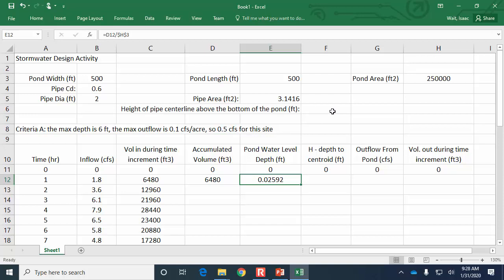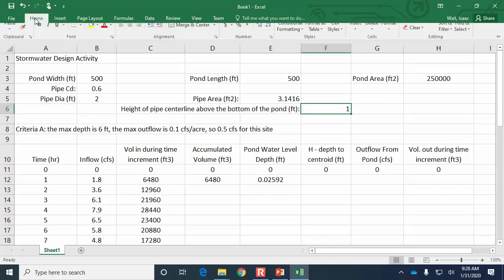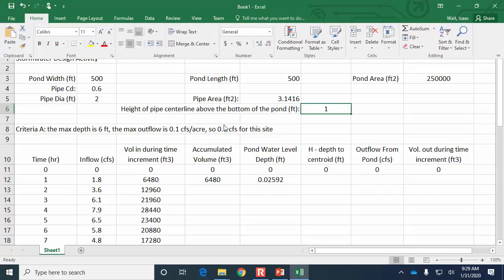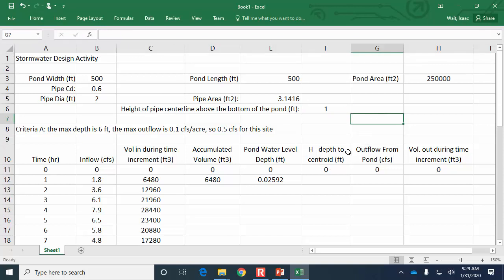So this is essentially half of the pipe diameter, so I'm going to do equals the pipe diameter divided by 2. This factor is what I'm going to use to calculate H from the water depth. But the problem that we have right now is that the water is so low that the orifice equation isn't going to describe the flow out.